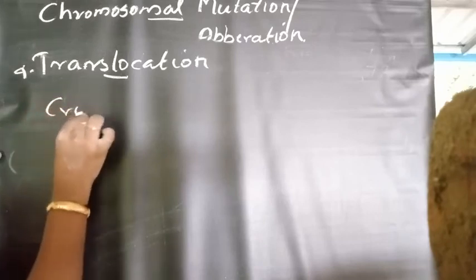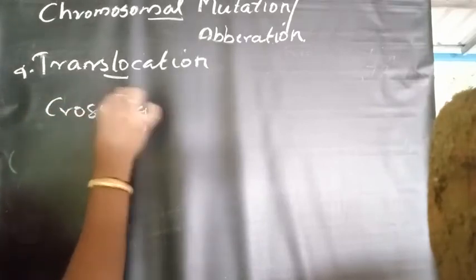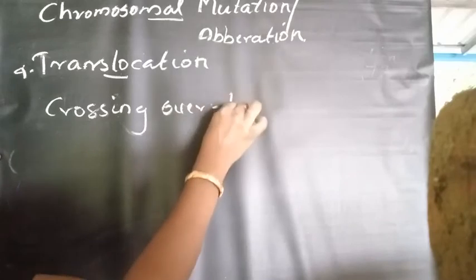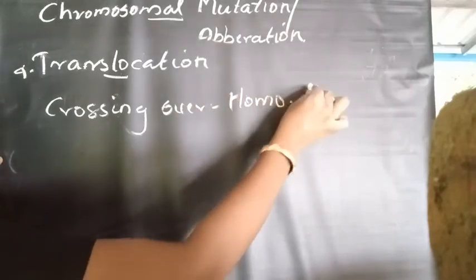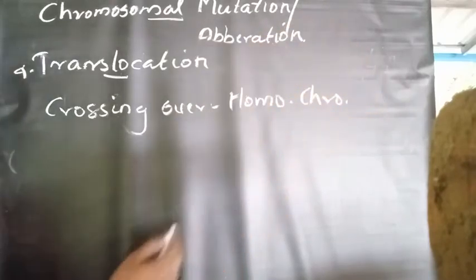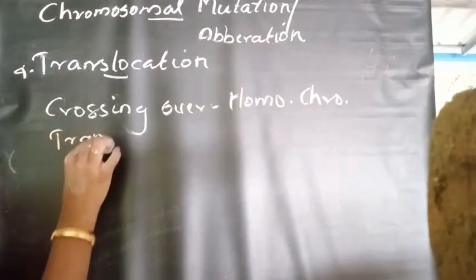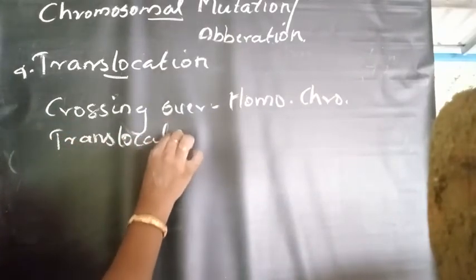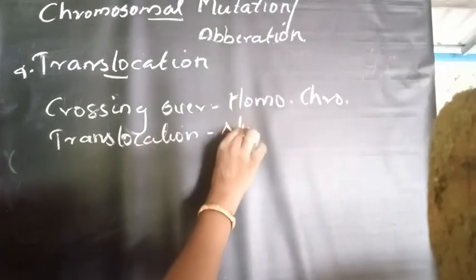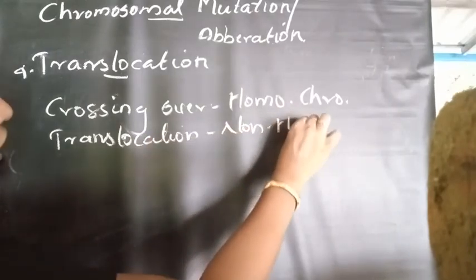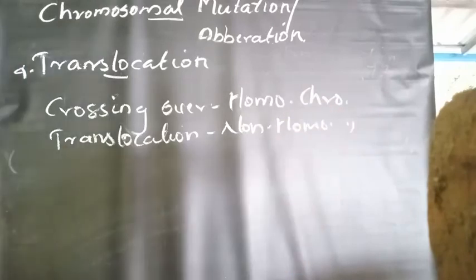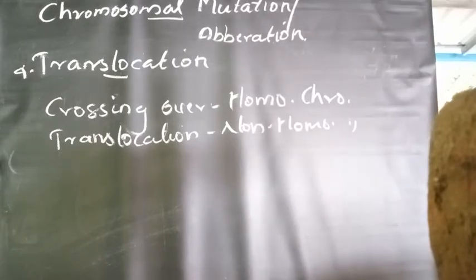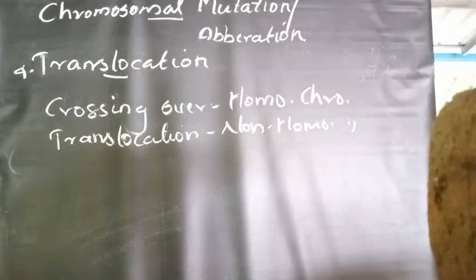So crossing over takes place in homologous chromosomes, but translocation takes place in non-homologous chromosomes. Crossing over is the breakage and reunion of segments of chromosome between homologous chromosomes, and translocation is the breakage and reunion of segments of chromosome between non-homologous chromosomes.